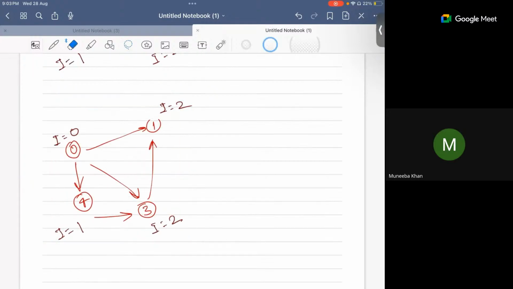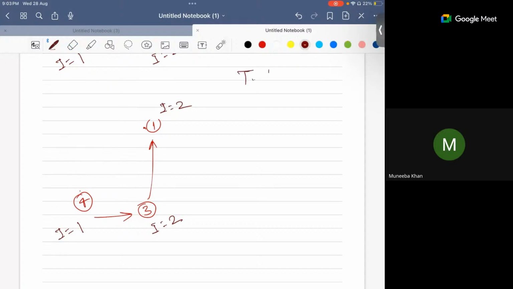Let's remove that 2 and 0, and all the edges that are connected. Our topological sequence was 2, 0. After removing, again we have to update the value of the in degree.